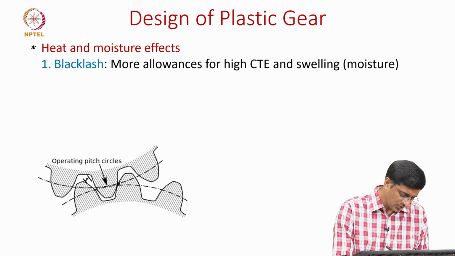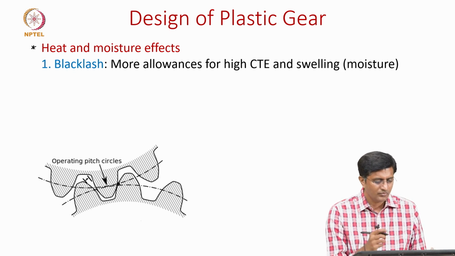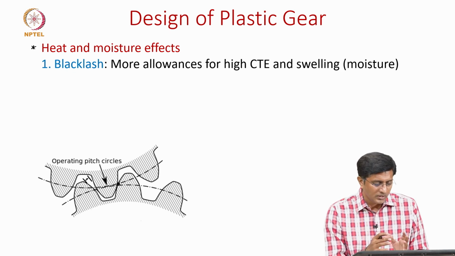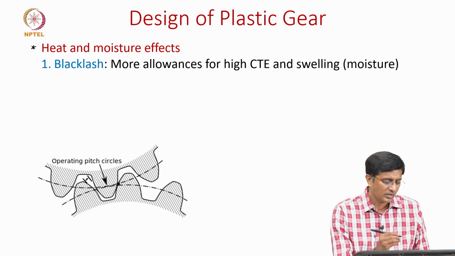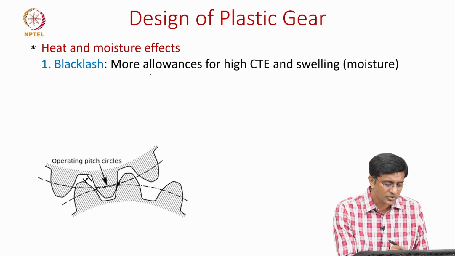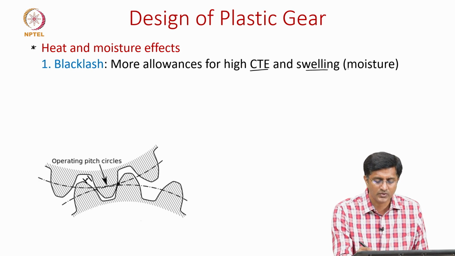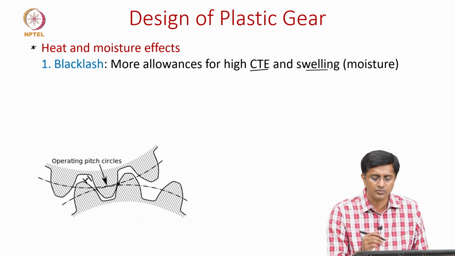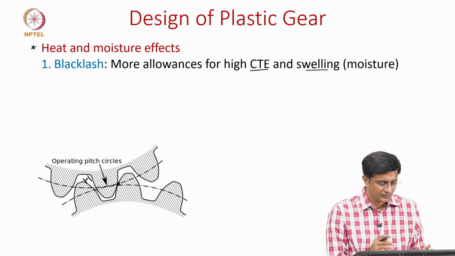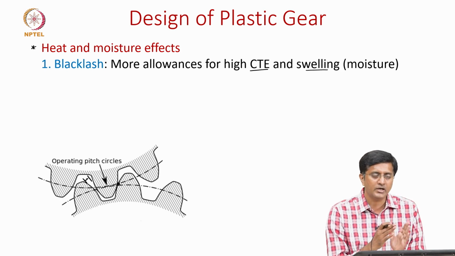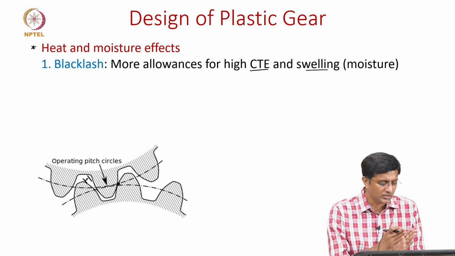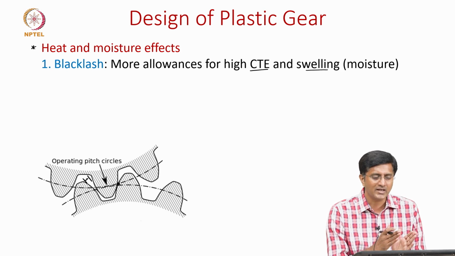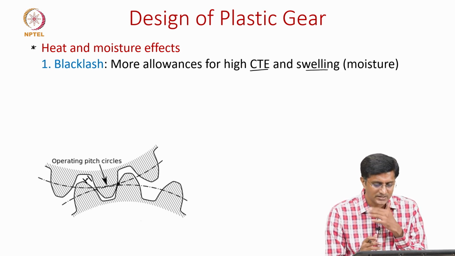This clearance is usually called the backlash, which is very high in plastic gears, mostly to allow for the high coefficient of thermal expansion and the swelling because of the absorbed moisture. So, if we are a designer, we need to leave a bigger backlash to account for these CTE and swelling effects.